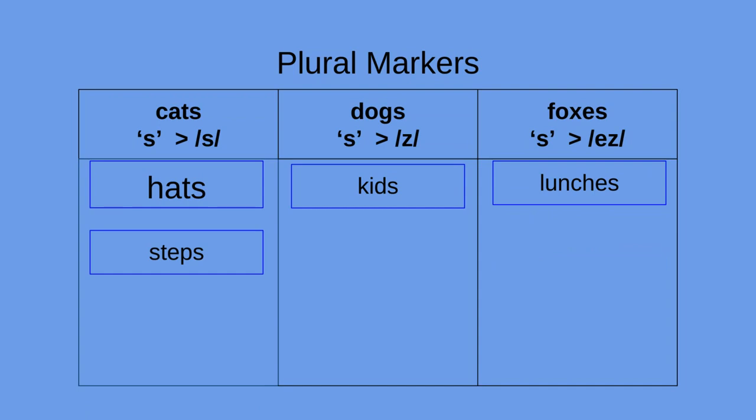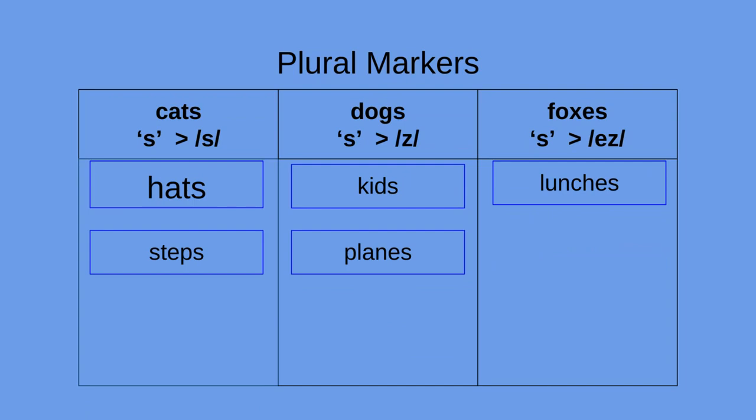Plane. If I have more than one plane, I have many planes. And that's right, you heard the z sound at the end, planes. Okay, what about wish? If I have more than one wish, I have many wishes. Do you hear s, z, or ez at the end?